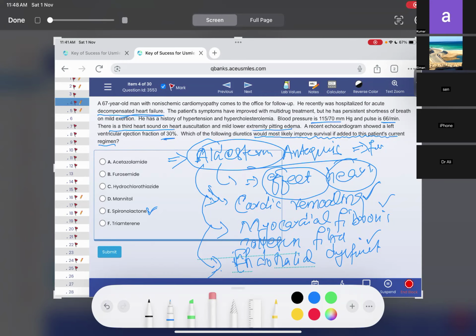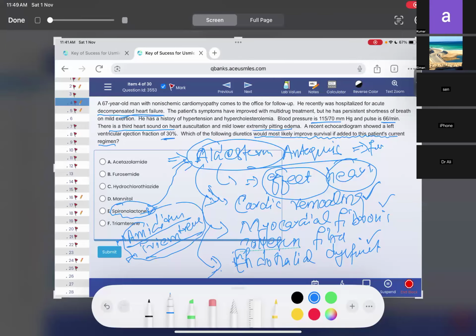Whenever other types of potassium sparing diuretics like amiloride and triamterene are present in the options, we still go with spironolactone, because it is the only one which antagonizes the aldosterone.